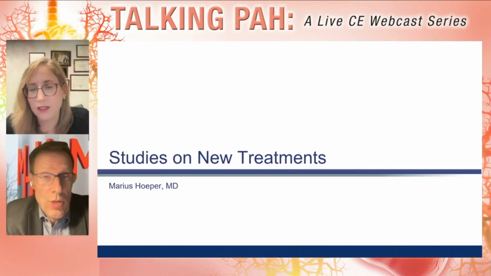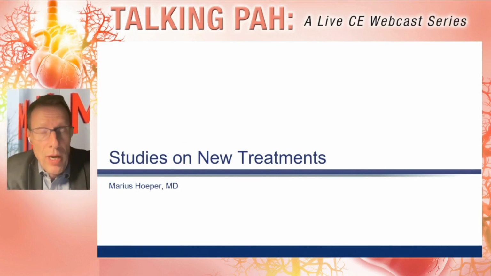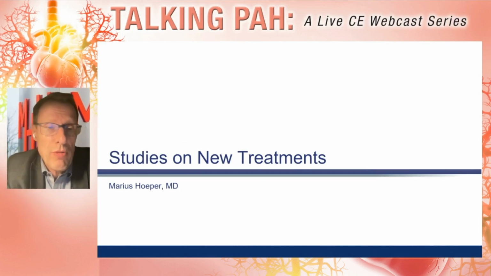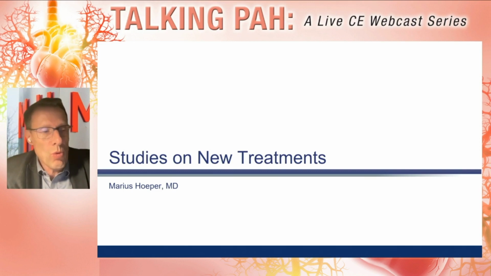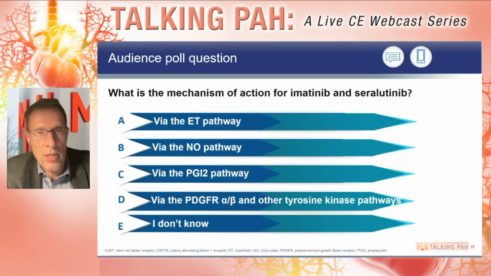All right, so let's see where we're going here. So, studies on new treatments. I take over here from Marty, who showed you the most recent evidence on studies with already available or emerging treatments. So we're looking at really new compounds, new treatment targets now. And the first one is another important question here, which is, what is the mechanism of action for drugs like imatinib and seralutinib?